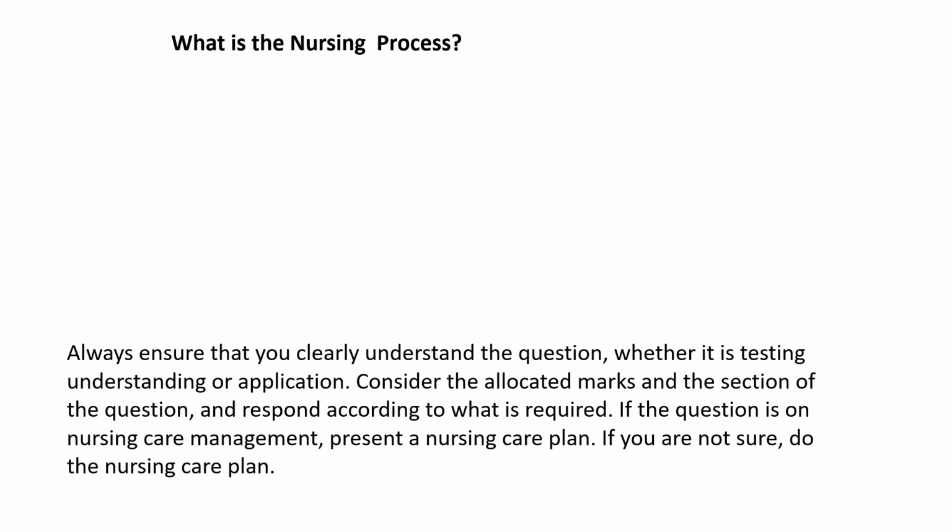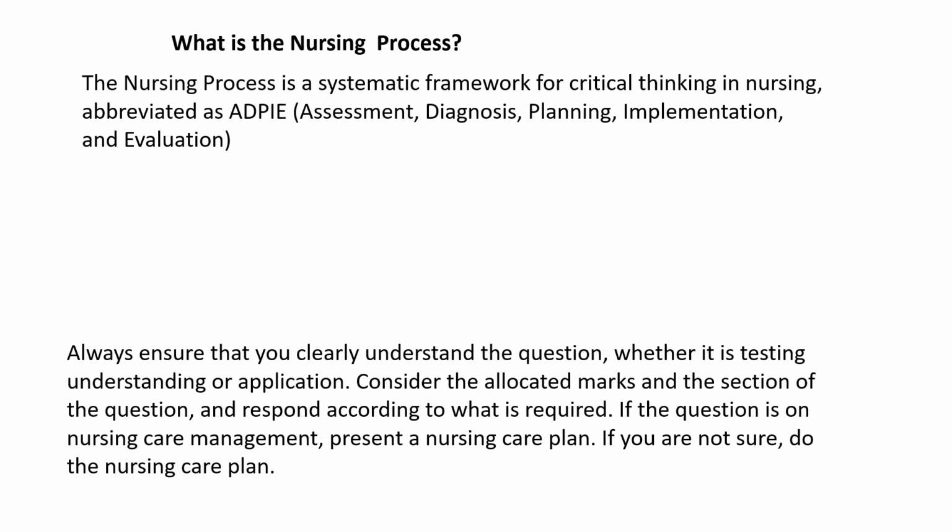Now, let us look at the nursing process and the nursing care plan. What is a nursing process? The nursing process is a systematic framework for critical thinking in nursing, abbreviated as ADPIE. A for assessment, D for diagnosis, P for planning, I for implementation, and E for evaluation.